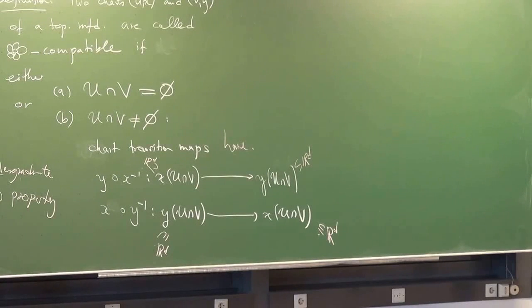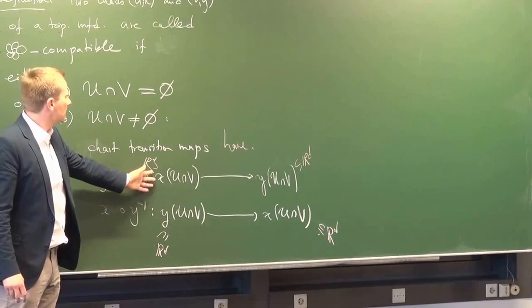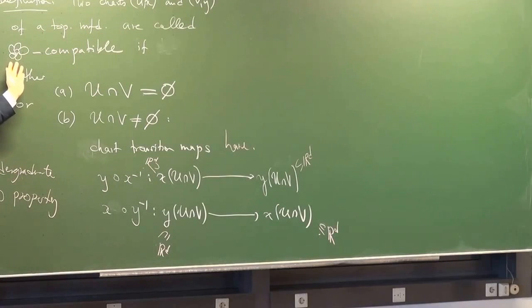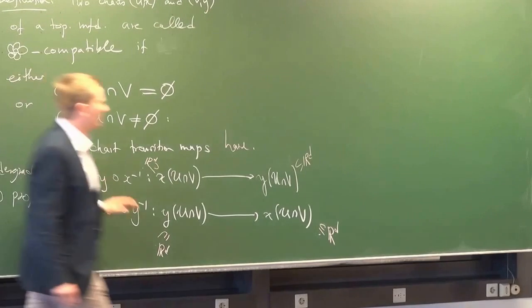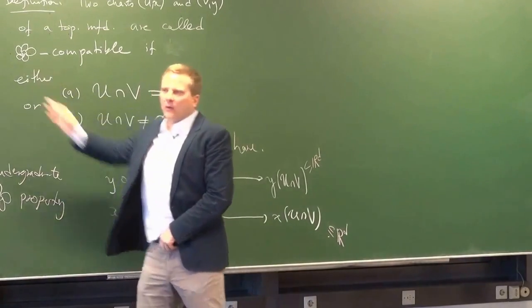For instance, if I have a notion of differentiability on R^D, I call two charts differentiably compatible if the chart transition maps are differentiable, if they have the differentiability property. Okay, so why do I use the ridiculous word "flower"?